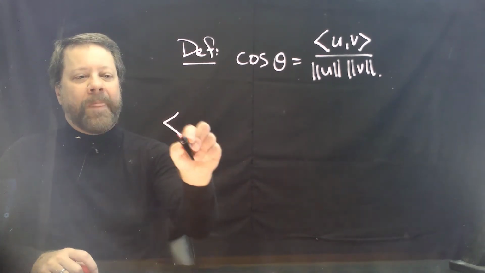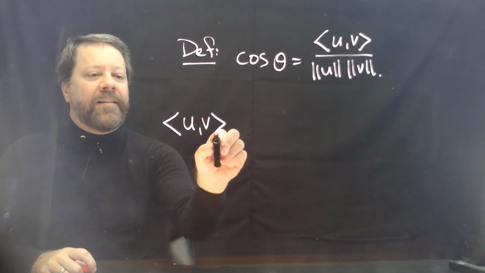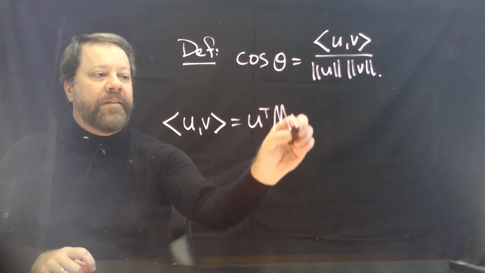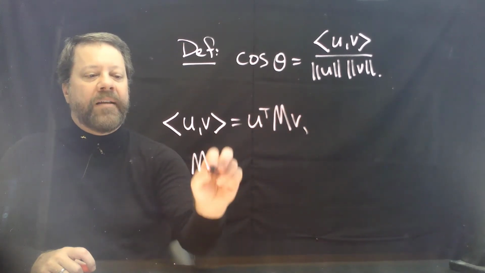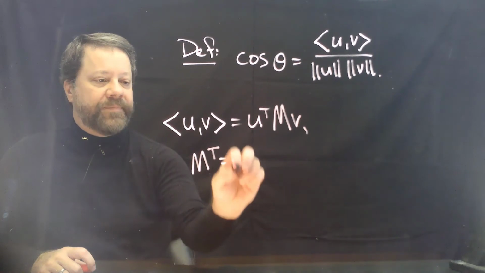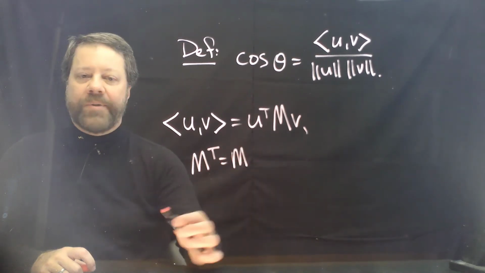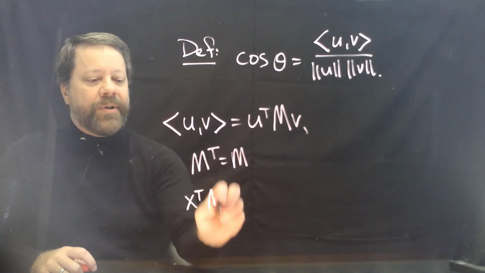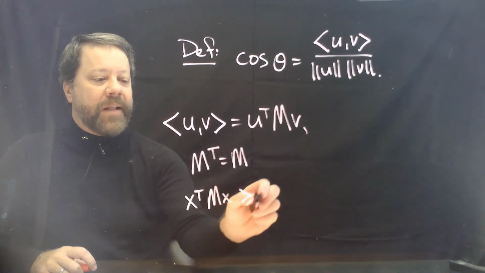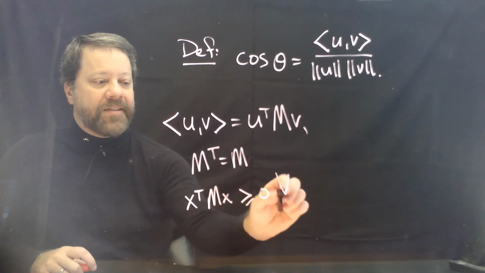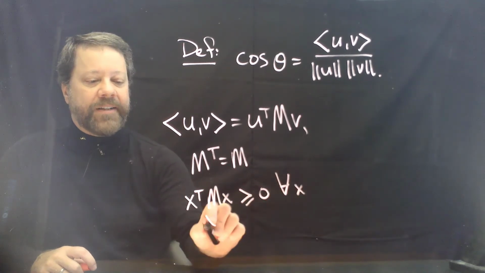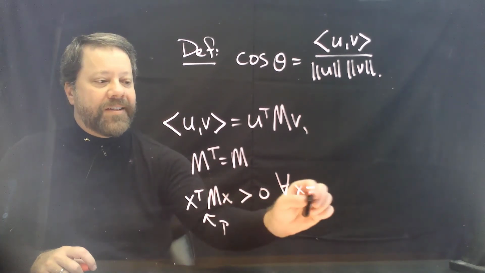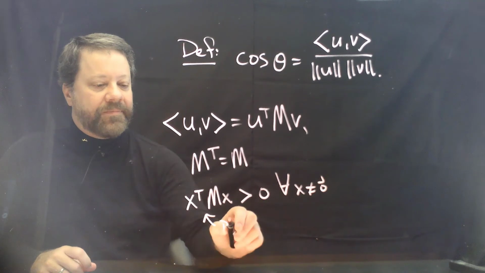So for example, I can define the inner product of u, v to be u transpose M v, where I'm assuming M is symmetric, so its transpose is equal to itself, and positive definite, so that x transpose M x is bigger than or equal to 0 for all x. This is positive definite, greater than 0 when x is not the 0 vector.